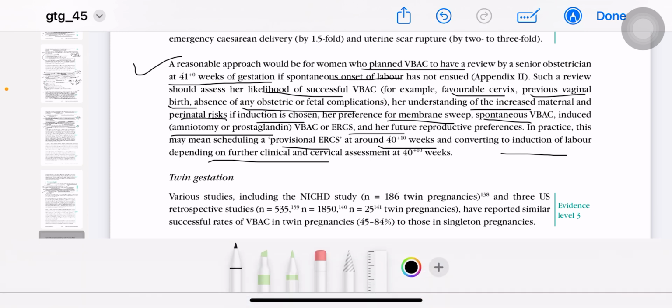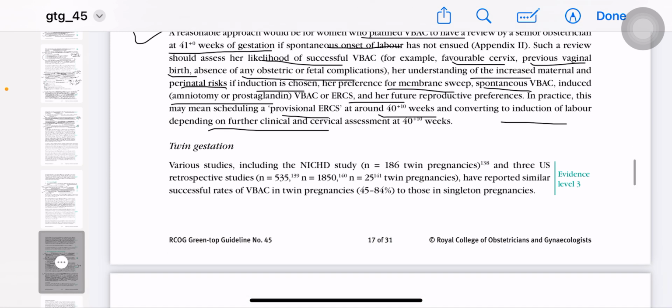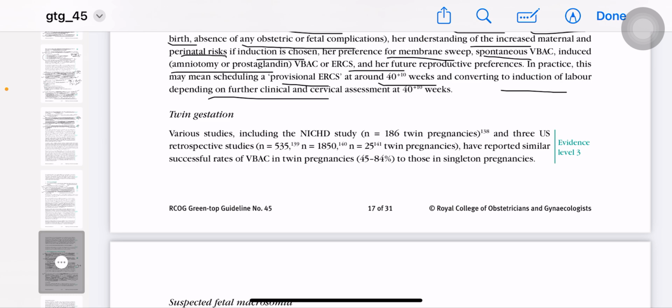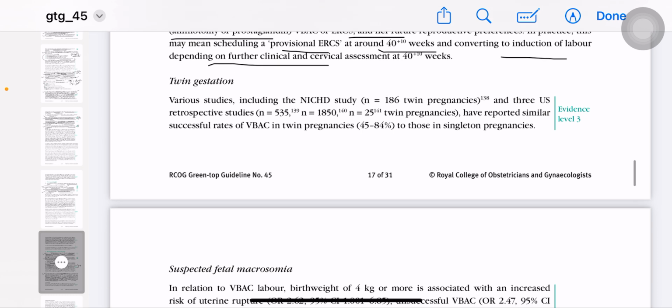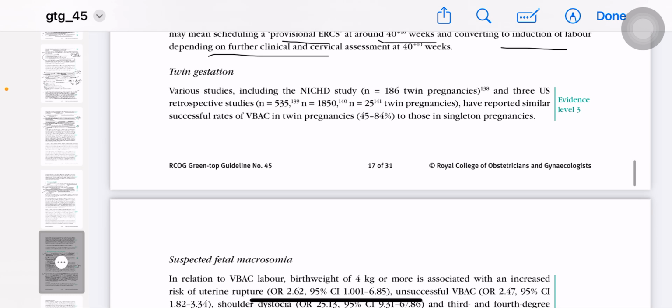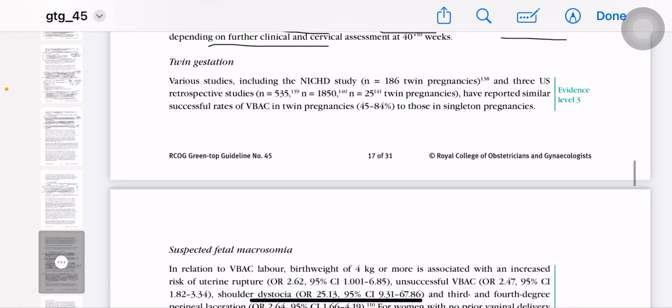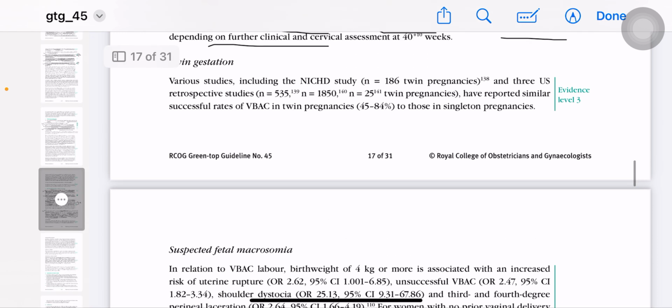The first option is membrane sweep and you wait for at least 1 week, and if there is no contraindication you will wait until at least 41 weeks, but with the previous cesarean section, proceeding after 41 weeks there is increased risk of stillbirth. So you have to individualize the patient.